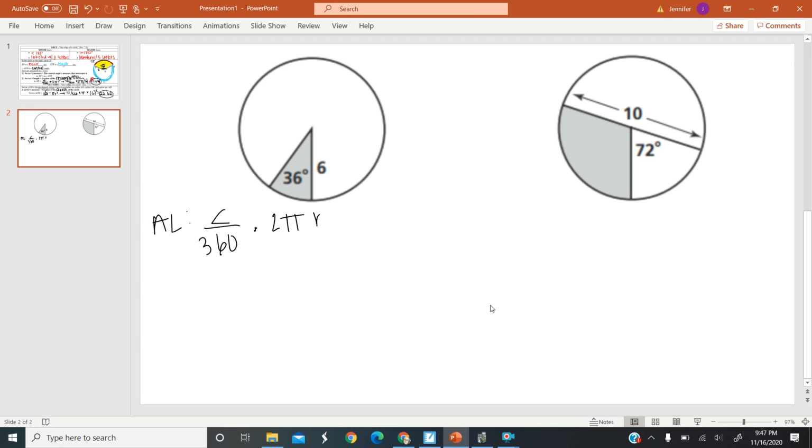And in this one, it gives us that our central angle, or the measure of the arc there, is going to be 36 degrees. So 36 over 360 times 2 times pi times the radius, which is 6.